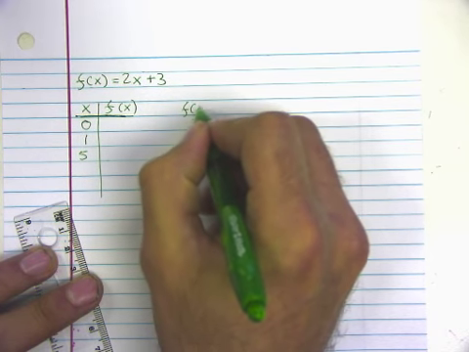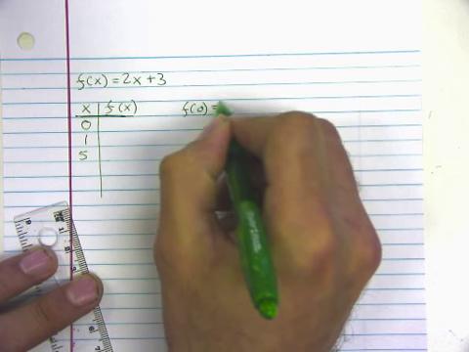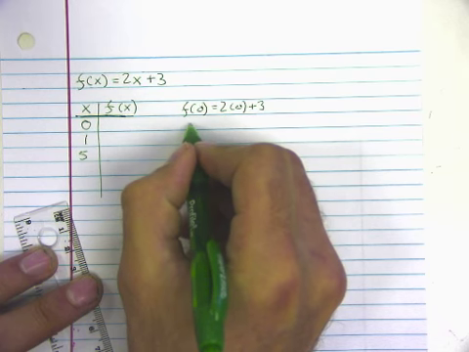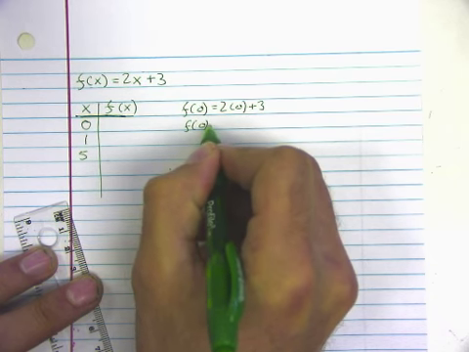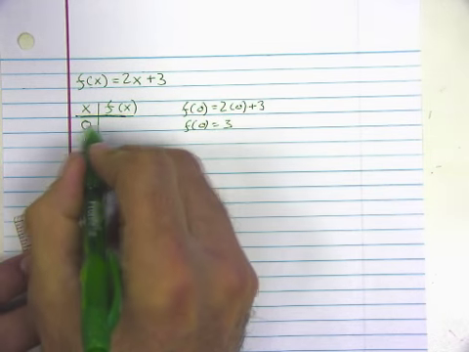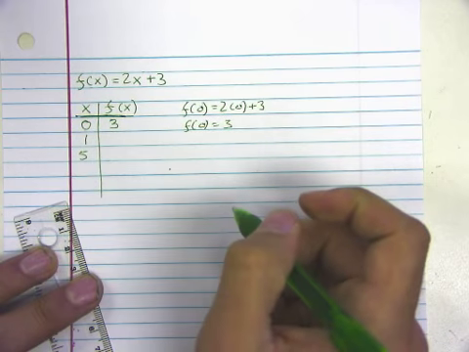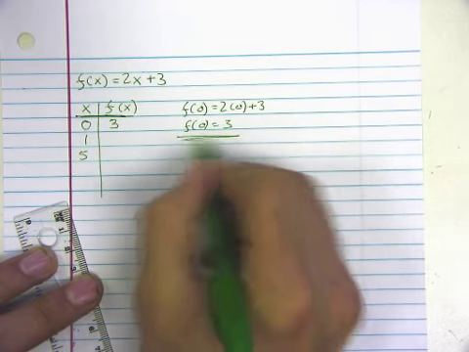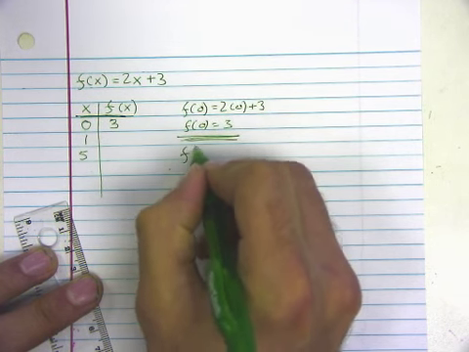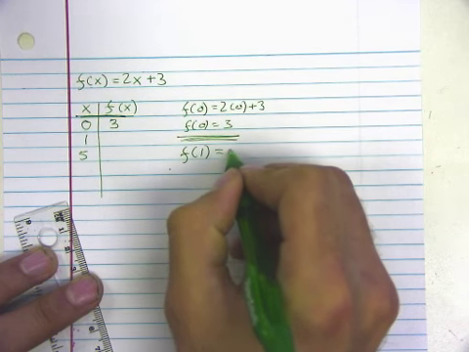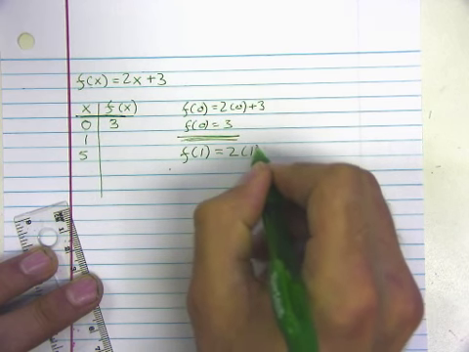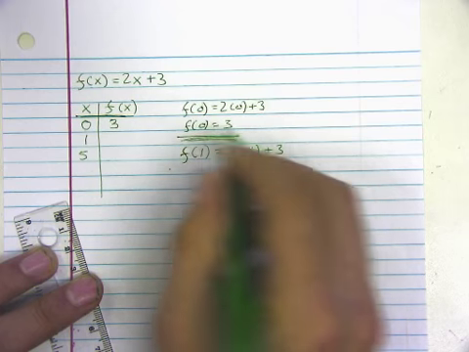So f of 0, to find that, I would let the x become 0. And I would find the output when the input is 0 would be equal to 2 times 0 plus 3, which is 3. So that means when the input's 0, the output of f is 3. I'll draw some lines there just to separate my work. Now we're looking at the output of 1. So when the input is 1, we've got 2 times 1 plus 3, so that would be 2 plus 3, which would be 5.